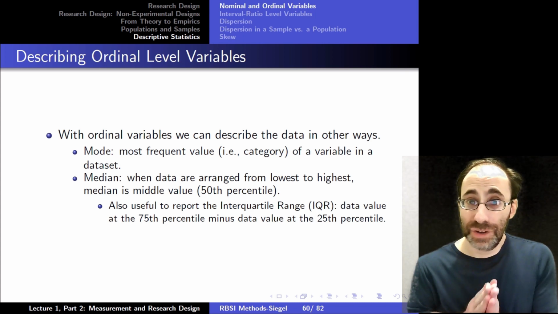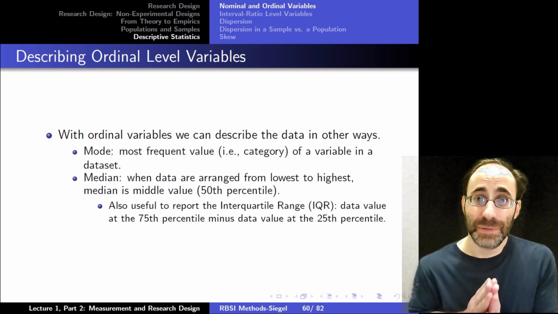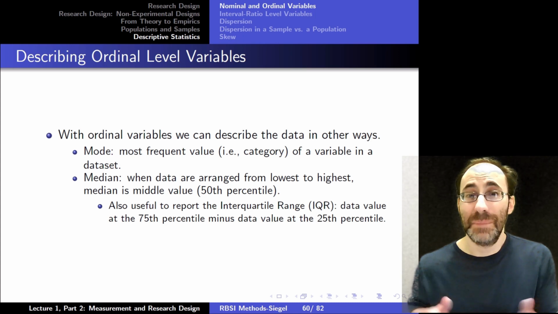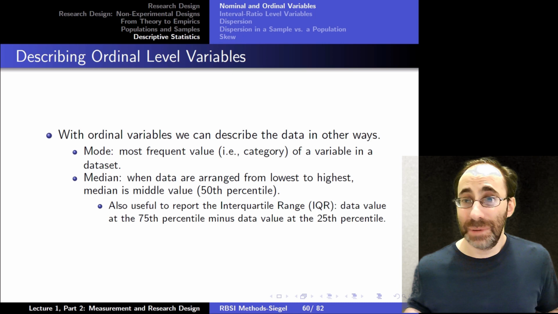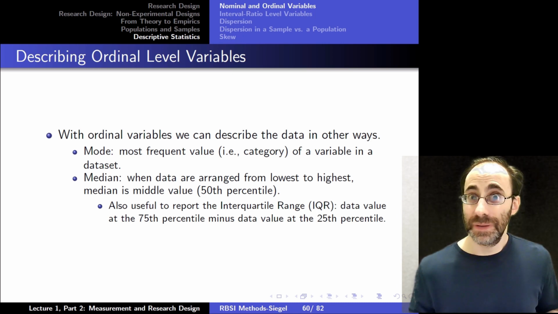Now, important to note, and a thing people often make mistakes on, is that it's not the middle of the possible values. So if your variable can take low, medium, and high, the median is not always medium, right?